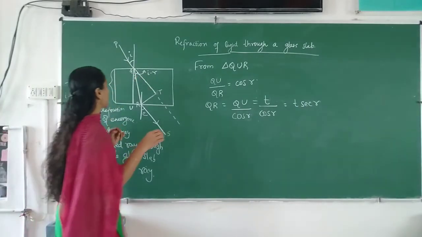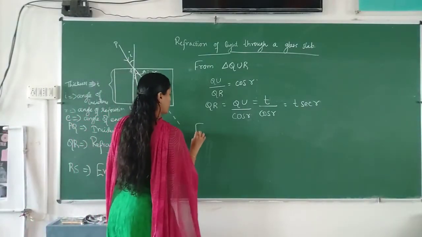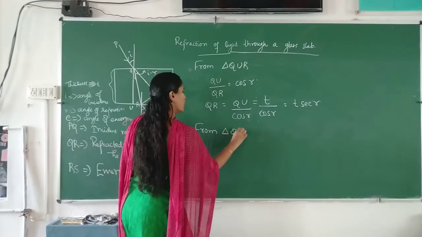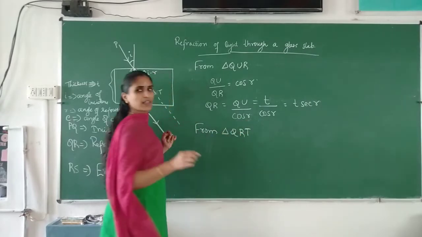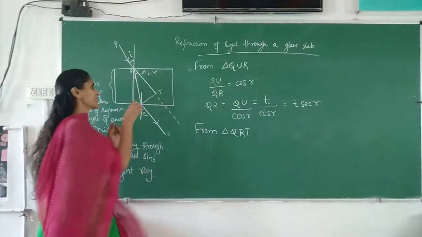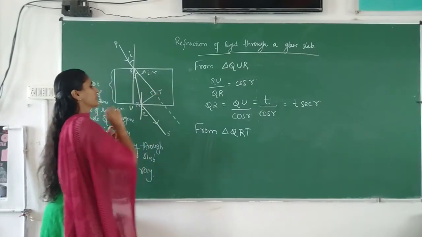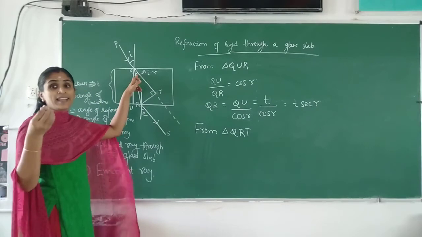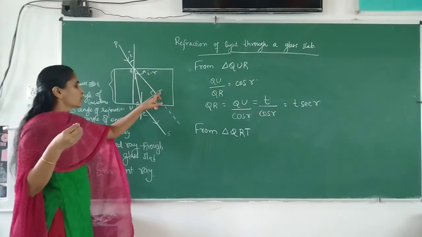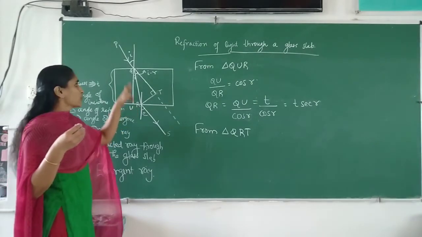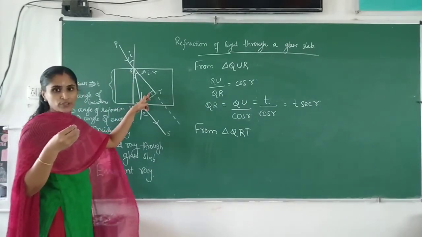So consider the triangle QRT. From triangle QRT, this angle is 90 degree. No? So we can write sin(I minus R) is equal to RT by QR. Can we write? QR, for this it is the hypotenuse.